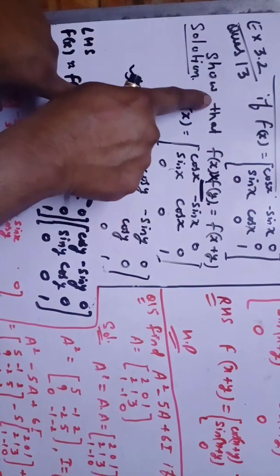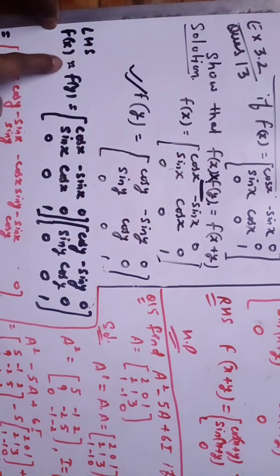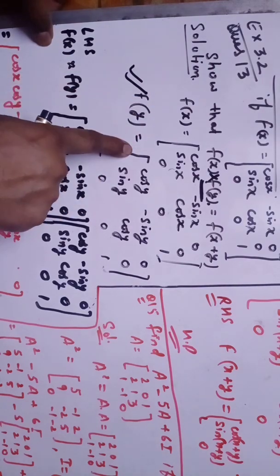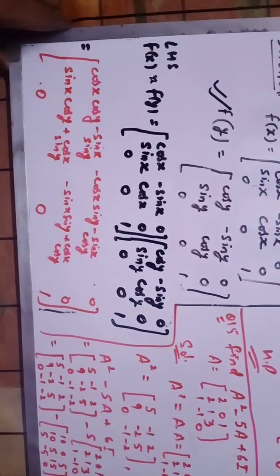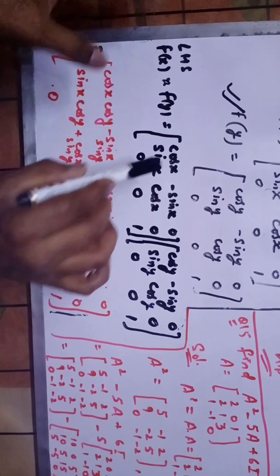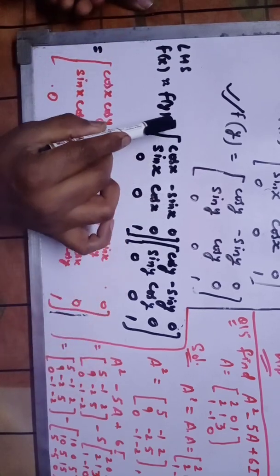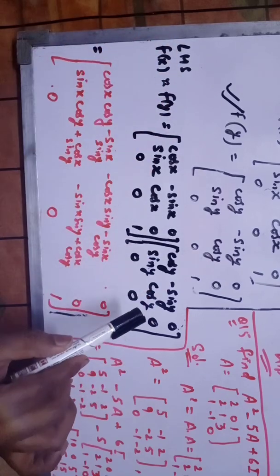From here we can see that on the left hand side you have to find out F(x) into F(y). So F(x) is here, F(y) is here. You just write the matrices and multiply. This is your F(x), this is your F(y). After that you have to find the product. I know you can find the product by multiplying each row with each column.